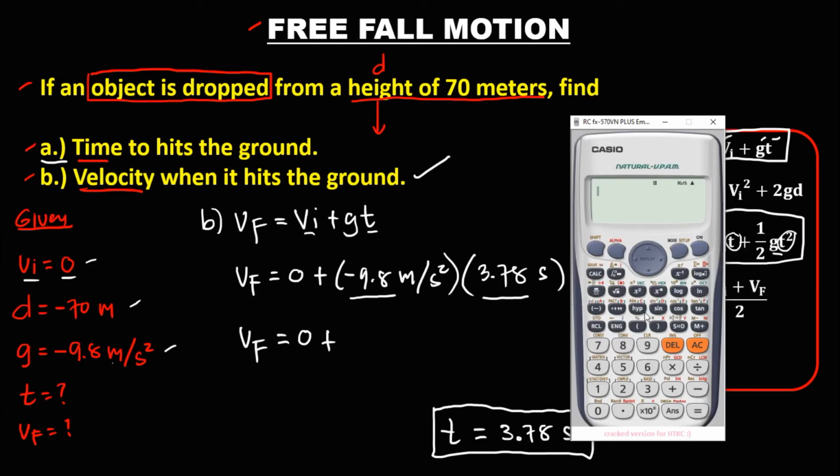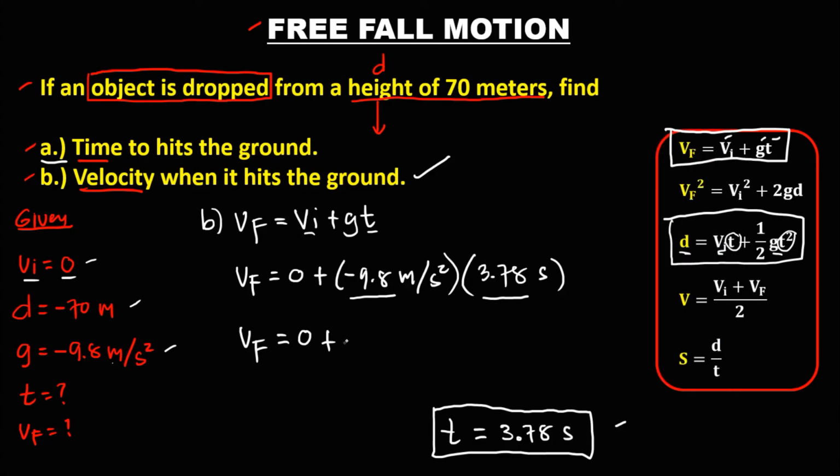To simplify, the final velocity equals 0 plus negative 9.8 times 3.78, which equals negative 37.044, or negative 37.04.